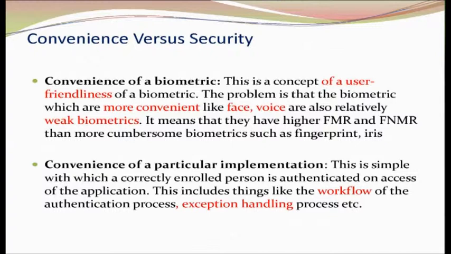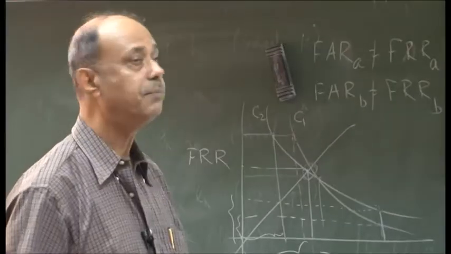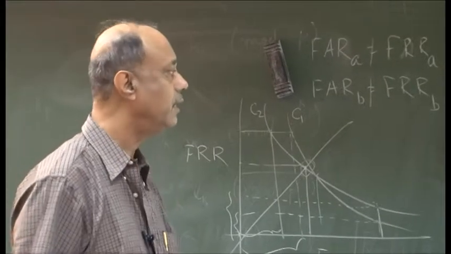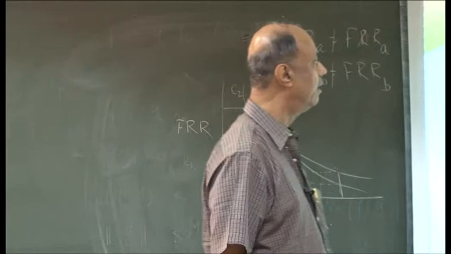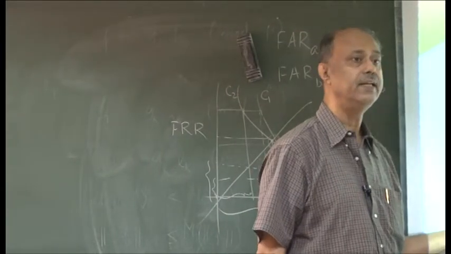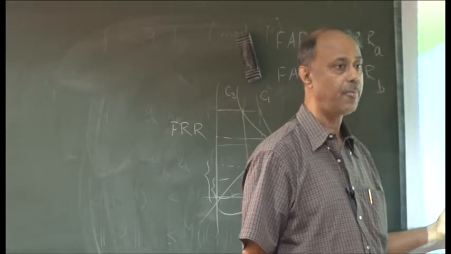One example is that face and voice are very easily available biometrics, providing a very friendly environment through which anybody can enter, right? So obviously this will be a more insecure system, but this is not the case with fingerprints or IDs, where you are not allowing people to enter into the system easily.